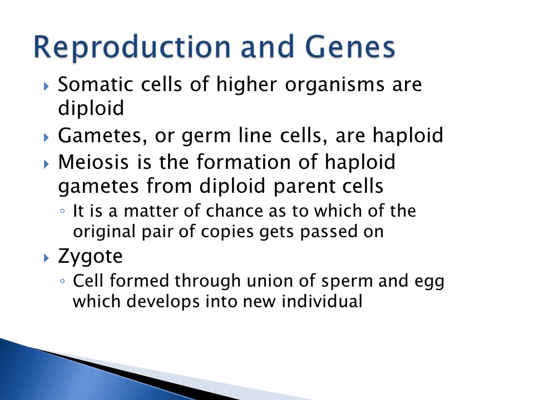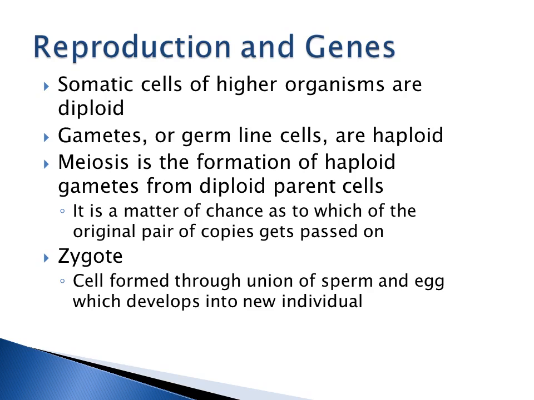Remember, our somatic cells in eukaryotes are diploid. However, your gametes or germline cells, your sperm and your egg, are haploid, and this occurs through meiosis. In meiosis, you make haploid gametes from the diploid parental cells.